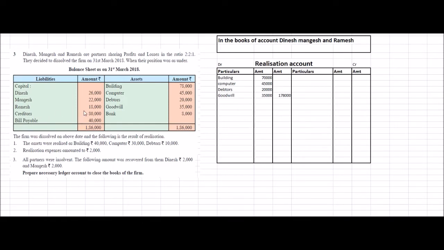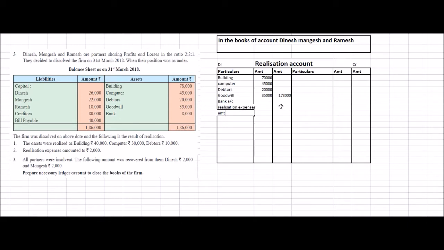The last entry is realization to bank account, realization expenses amount of 2,000 rupees.